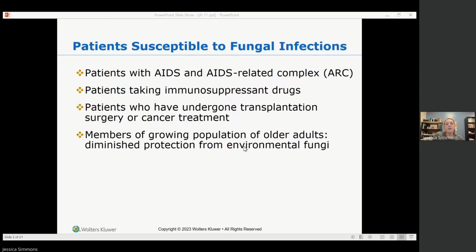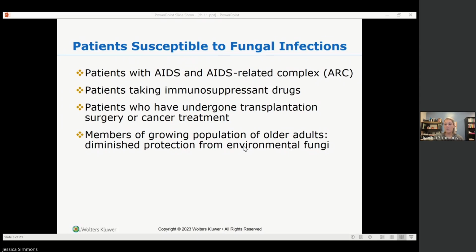So, patients that are susceptible to fungal infections, this is always going to be your immune compromised patients. So, your patient that has AIDS, HIV, patients taking immunosuppressant drugs for their transplanted organ, like those who have undergone transplantation surgery.